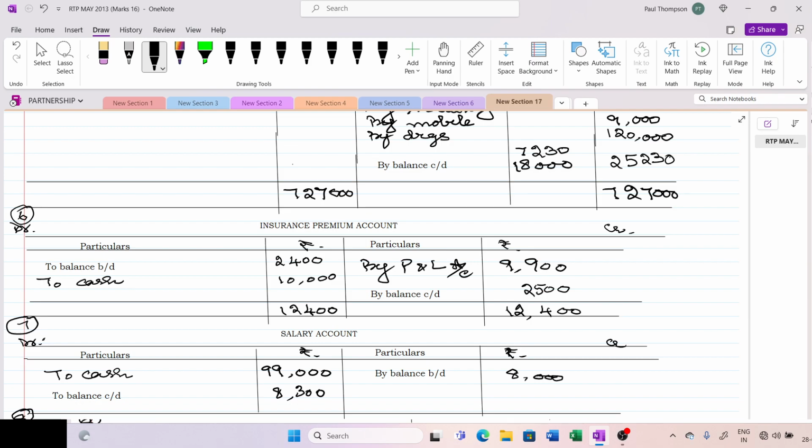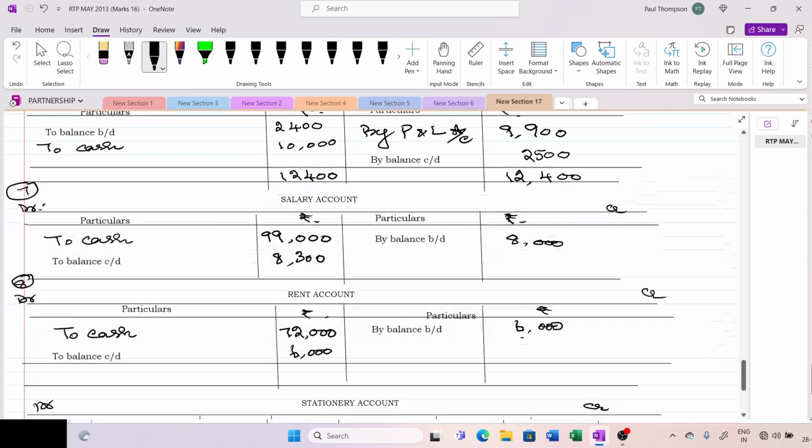Okay. Now next one, salary account 1,07,300, 1,07,300. I think 99,300. Yes, this will be the balancing figure. Yes, by P&L account. So this account is getting credited and P&L account will get debited.